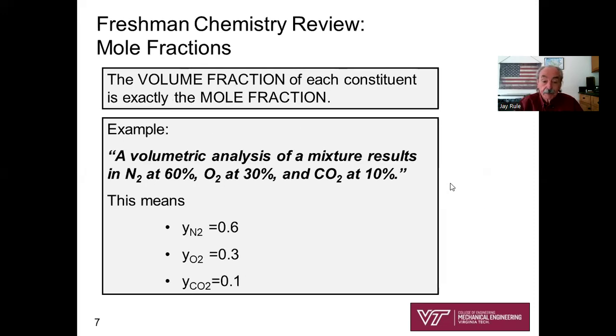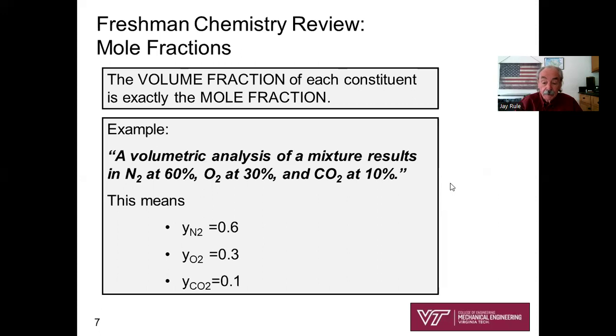Let's review a little bit about your freshman chemistry or even high school chemistry. The volume fraction for each constituent is exactly equal to the mole fraction. Now, that has to do with the way we model our homogeneous mixture.